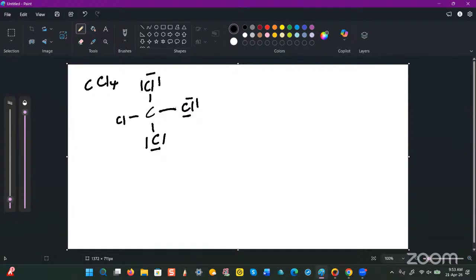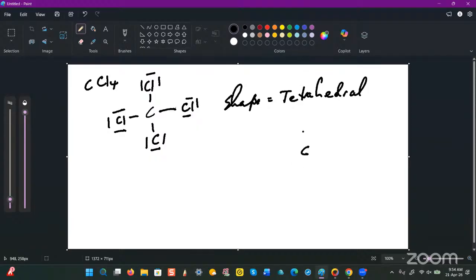All right. So this is the Lewis structure for carbon tetrachloride, right? Now, based on what we learned last class, the shape of the molecule will be tetrahedral, right? Now this is where you have to think of the molecule in three dimensions. One way of drawing it is going to look something like this.